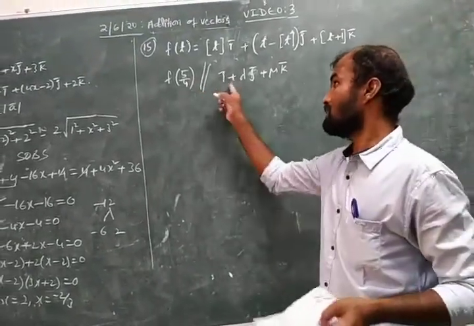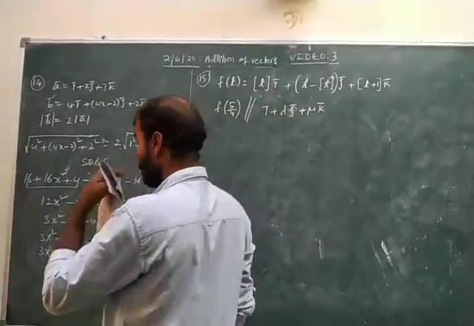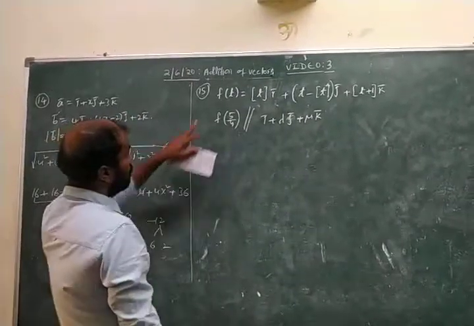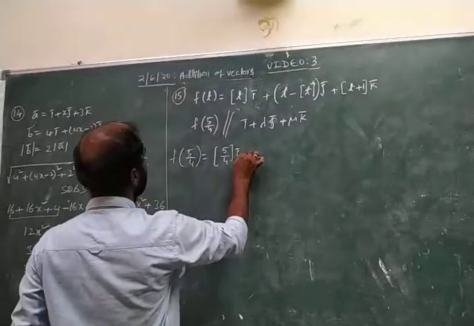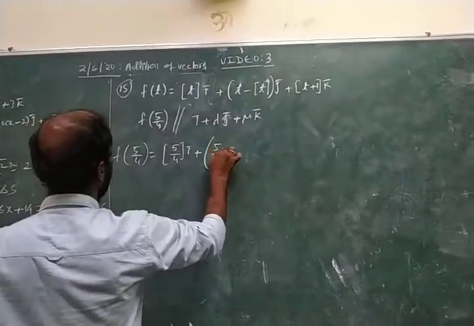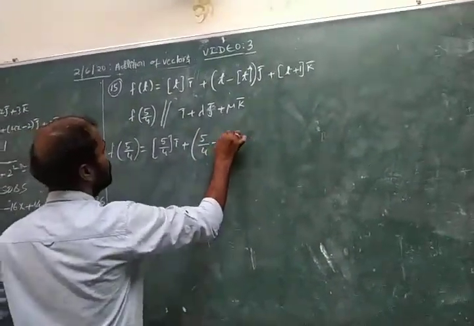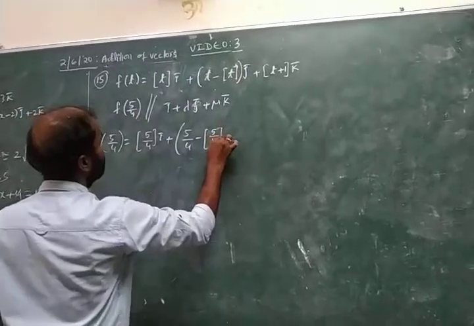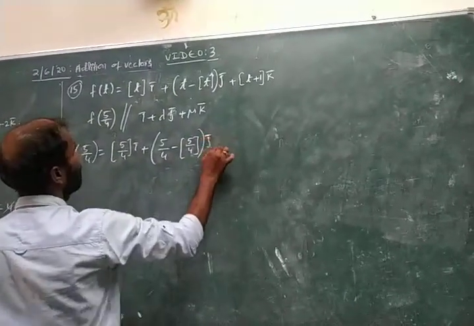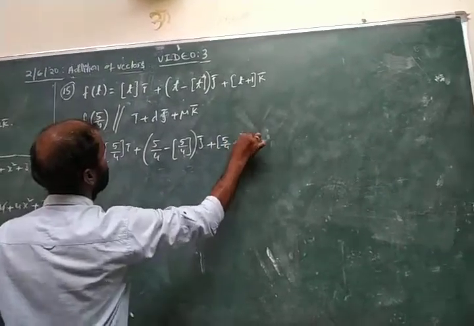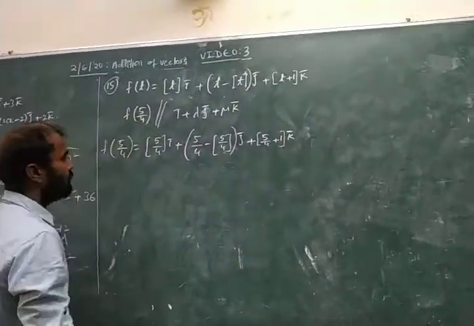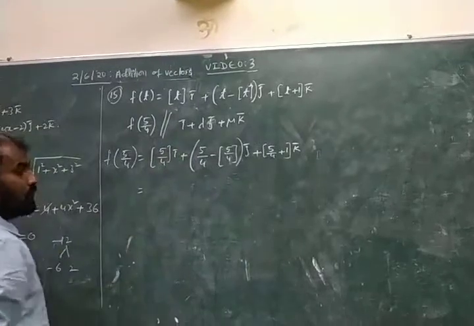These two vectors are parallel. First we have to find the f of 5 by 4 value. It is step of 5 by 4 into I bar plus (5 by 4 minus step of 5 by 4) into J bar plus (step of 5 by 4 plus 1) into K bar. 5 by 4 means 1.25.